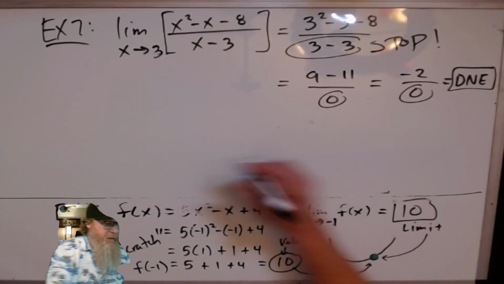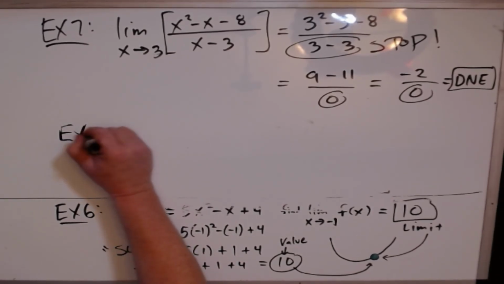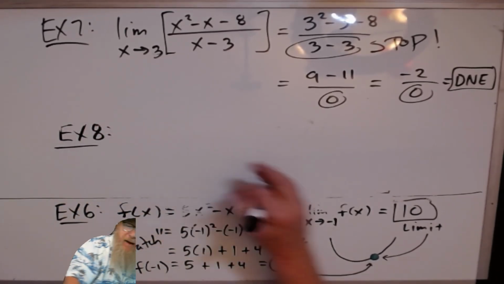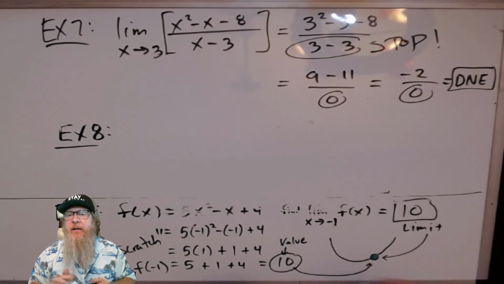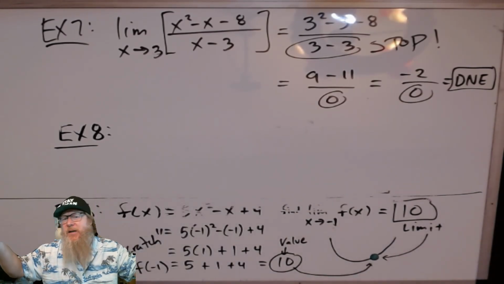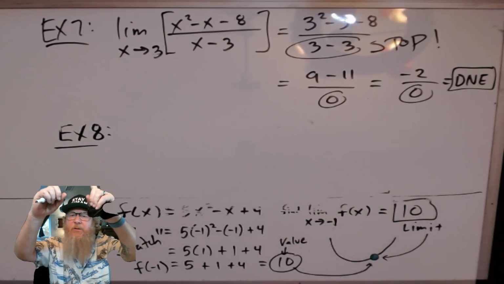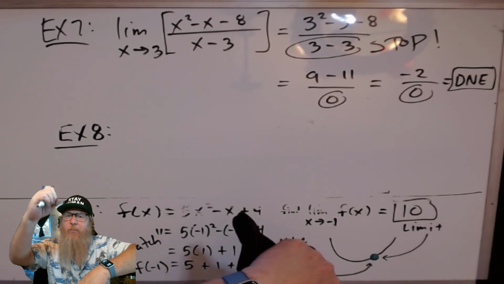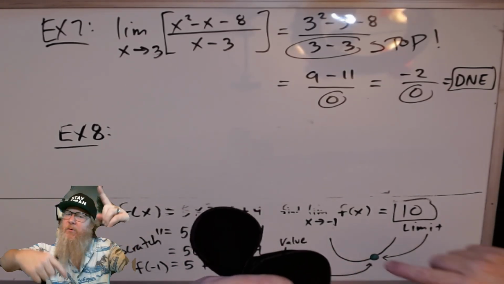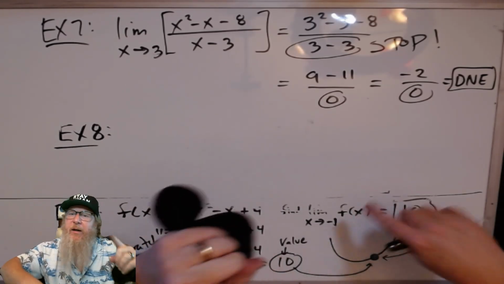They just end up going to infinity or negative infinity. I would have to make a table to determine which it was. There's a couple possibilities. They could both go up to infinity, they could both go down to negative infinity, or you could have one going up and one going down, or the opposite.